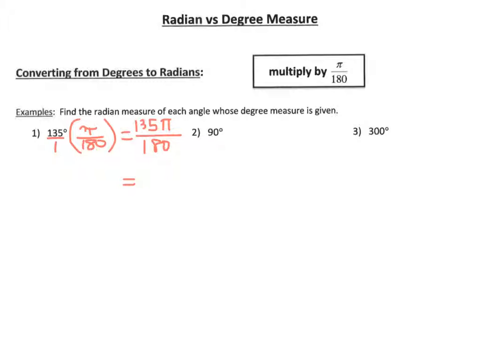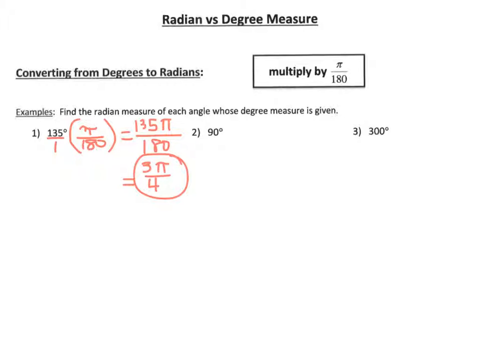So we can rewrite this as 3 pi over 4. So 135 degrees is equivalent to 3 pi over 4 in radians.